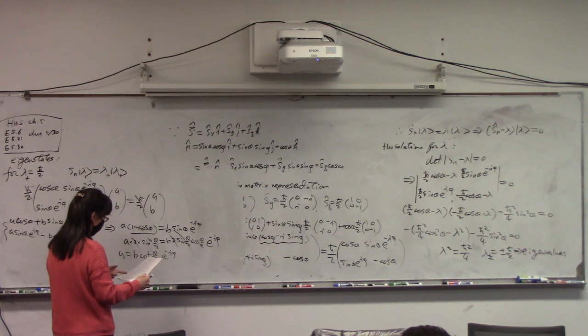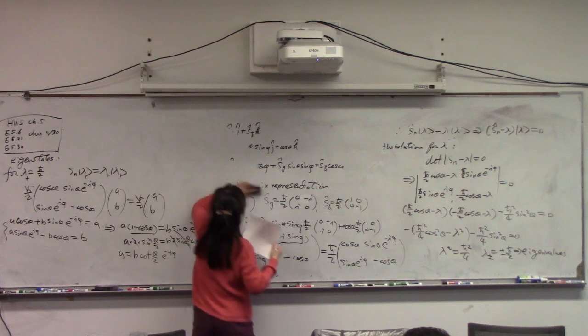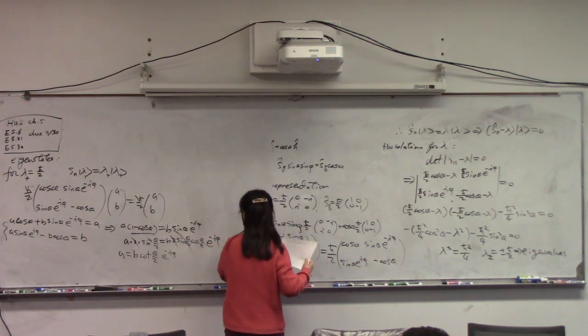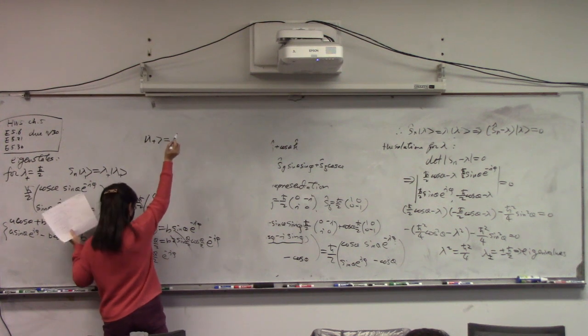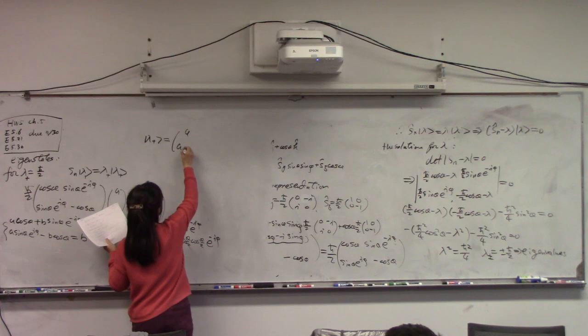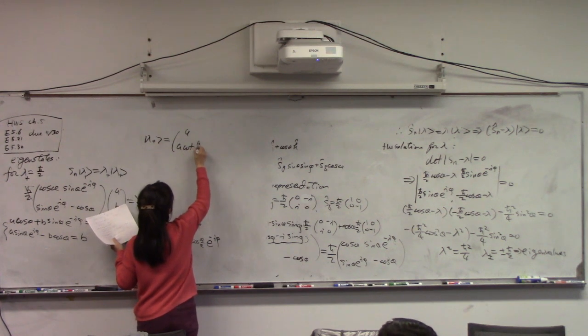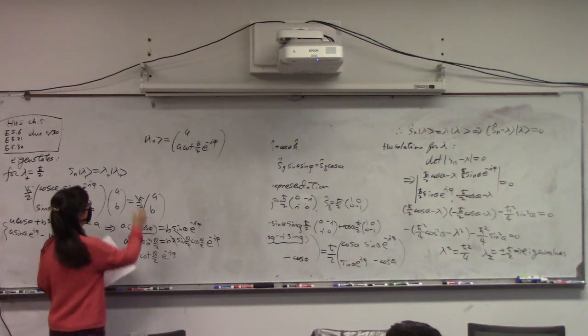Now we have the lambda, and before normalization, a, b is a cotangent of half theta exponential i phi. So then we are going to normalize.